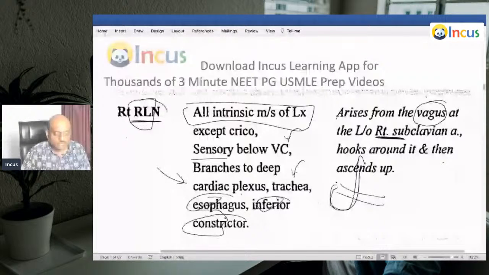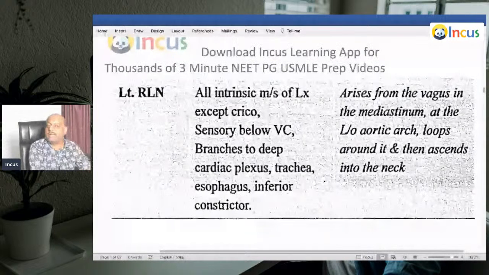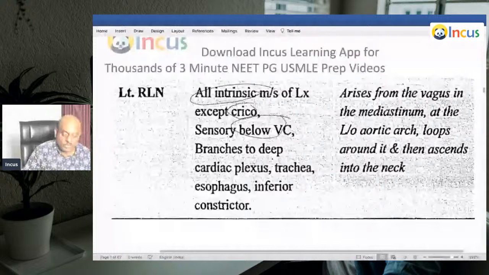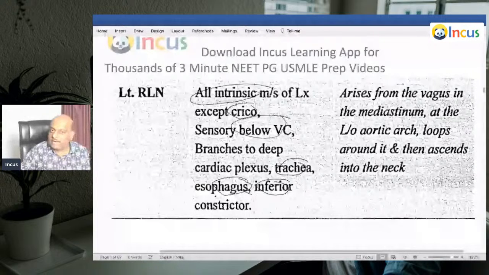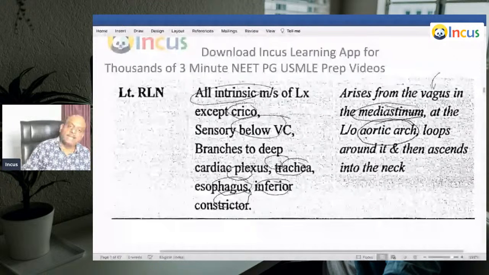Then how about the left side recurrent laryngeal nerve? The left recurrent laryngeal nerve supplies all intrinsic muscles of the larynx except cricothyroid, is sensory below the vocal cord, and goes to trachea, esophagus, inferior constrictor, and deep cardiac plexus, just like the right. The left recurrent laryngeal nerve also arises from the vagus in the mediastinum, and it loops around the aortic arch and ascends into the neck, whereas the right recurrent laryngeal nerve loops around the right subclavian artery.